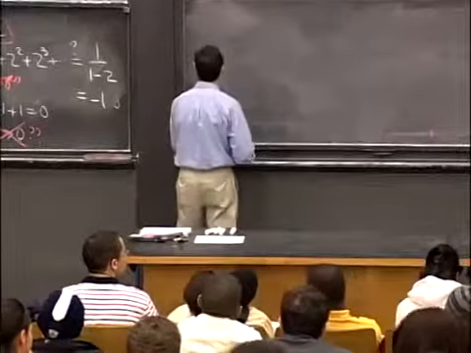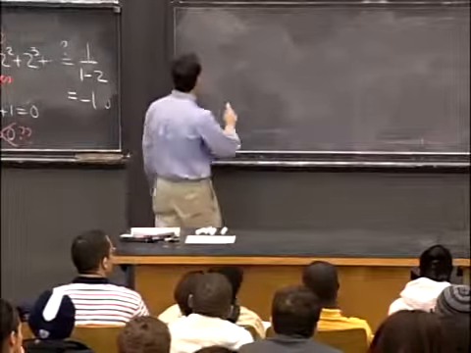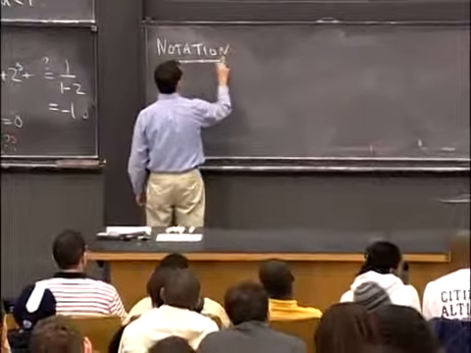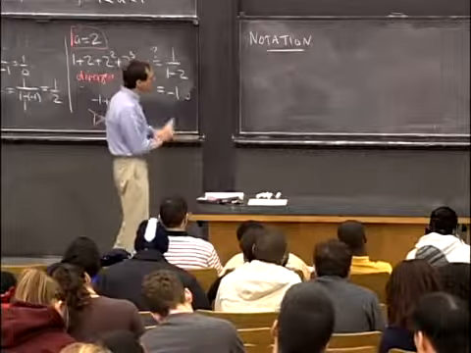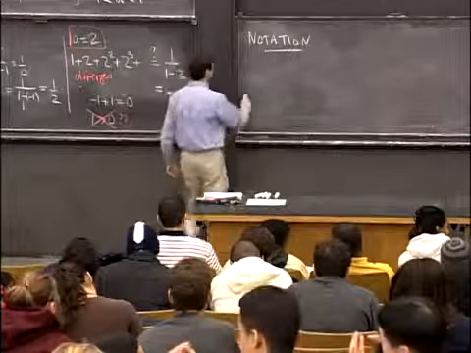So now let's talk about some general notation for series. This will help you with the last bit. This is going to be pretty much the same as what we did for improper integrals.